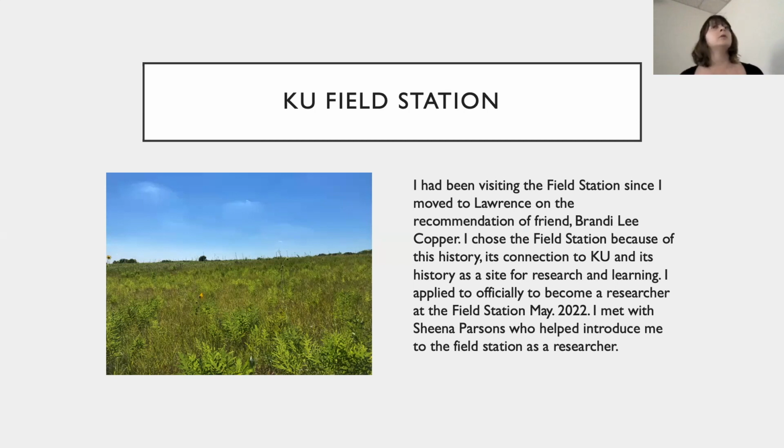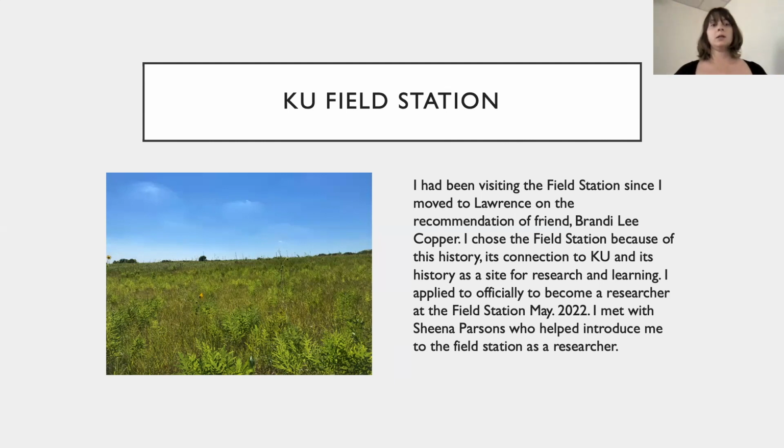And I was also choosing it because it has this history, both as a post-agricultural site, and also this long history as a place of research with the longstanding prairie research project that's gone on there. And then I got to meet Sheena Parsons, and she told me how to go about actually being a researcher at the field station. And so I was able to apply. I'm pretty sure I started that process in May of last year.